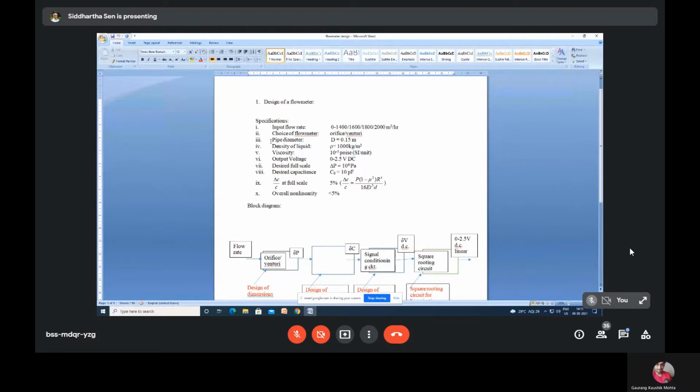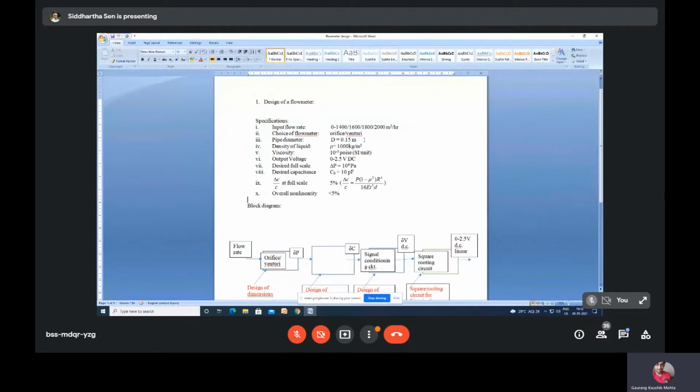And it is water, the liquid flowing through a pipe, so 1000 kg per meter cube is the density. Its viscosity is in SI units, so that you can find out the Reynolds number, rho V d by nu.